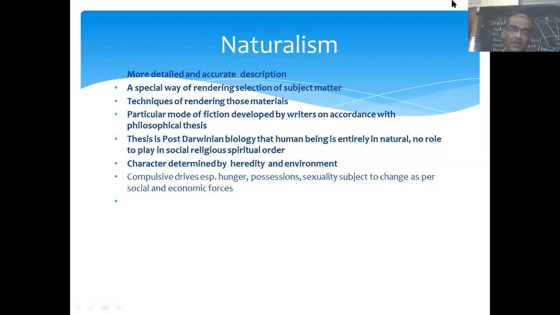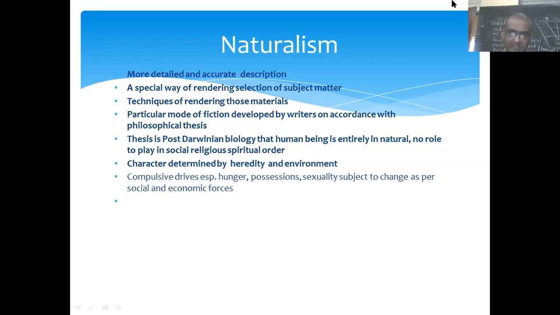At the same time, this realism is hinting at the characteristic features of the novels, and at the same time the characteristic features of the movement.